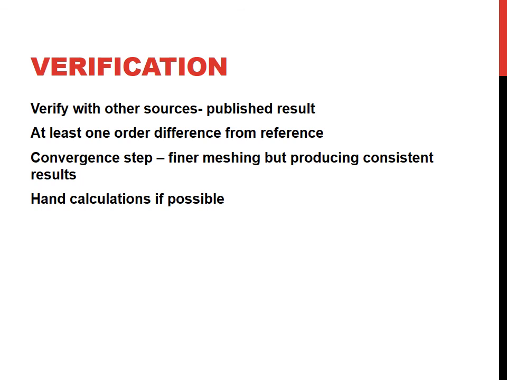So we run from a bigger mesh to a smaller mesh, but we get a consistent result. This will verify your convergence. Another way is to do a hand calculation if possible.